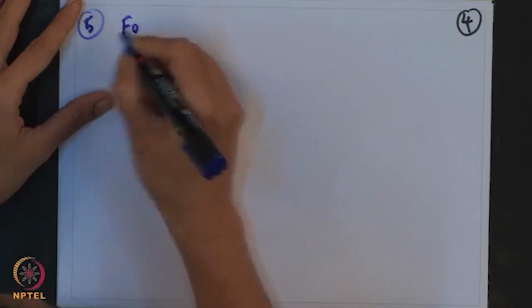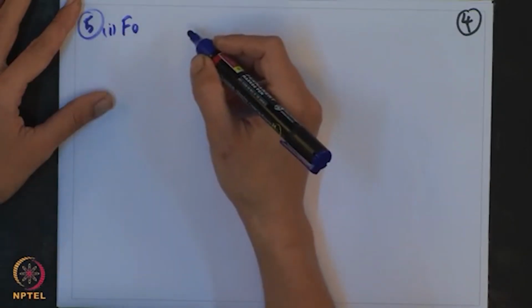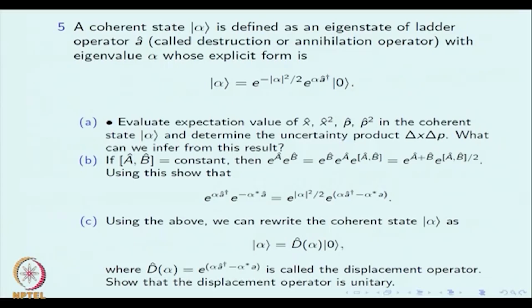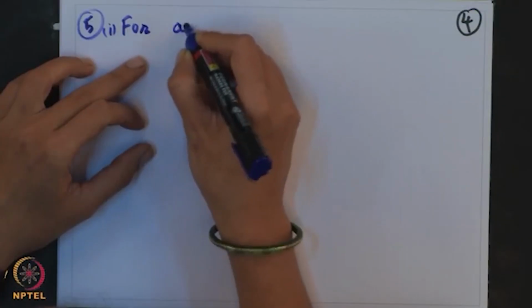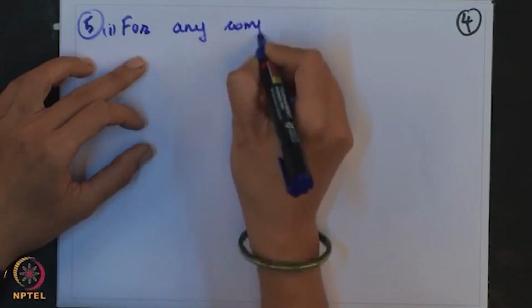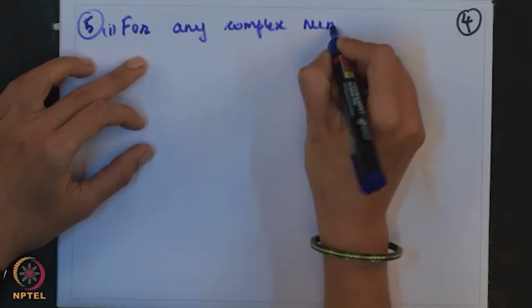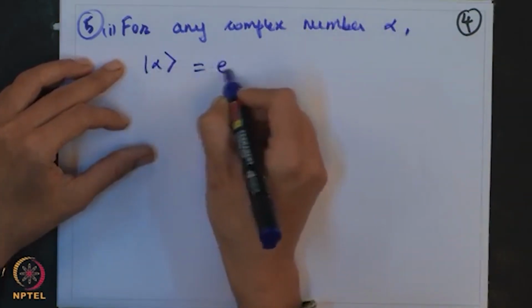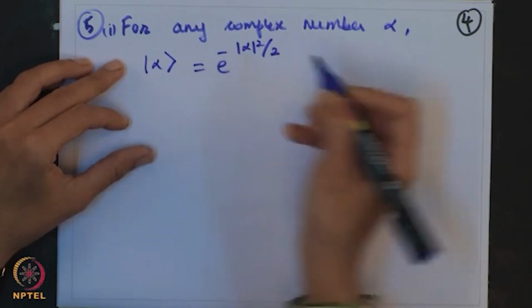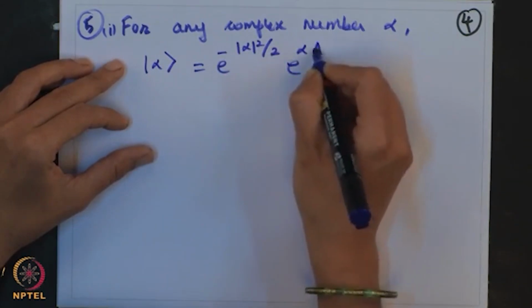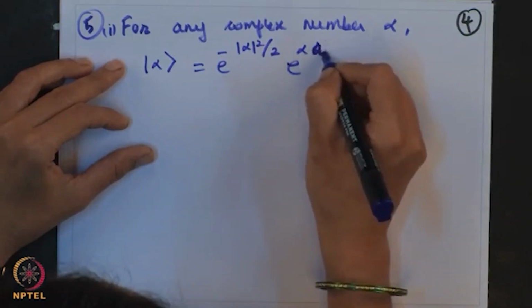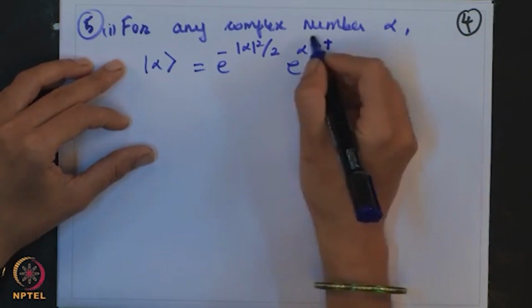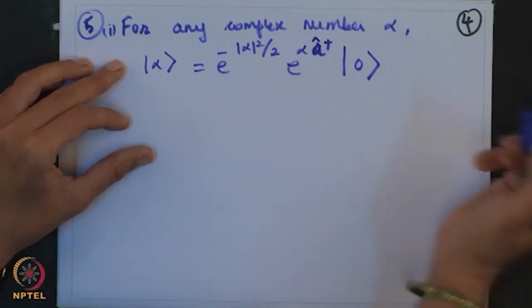So, in the first part you are given a coherent state which is defined as the eigenstate of the ladder operator, and you are given a relation. So, for any complex number alpha, you are given |alpha> is e raised to minus |alpha|^2 upon 2 e raised to alpha a dagger, so small a dagger, okay, and |0>.